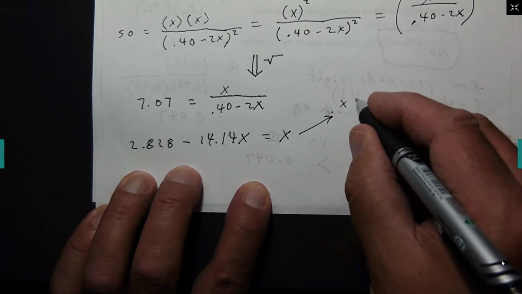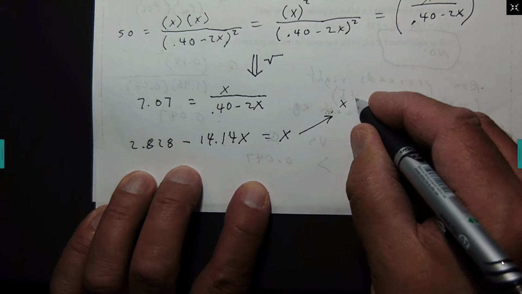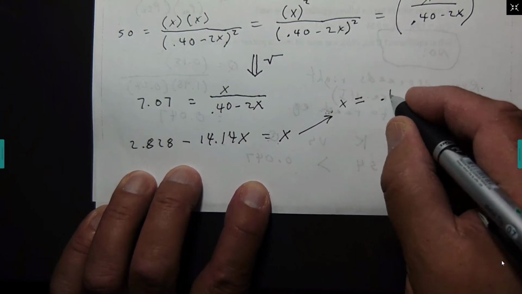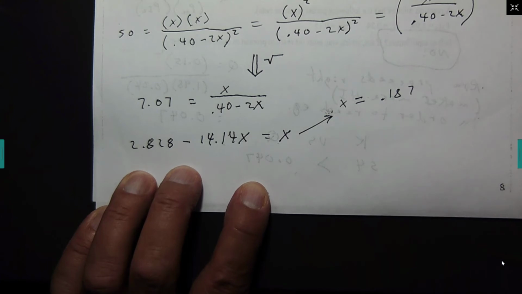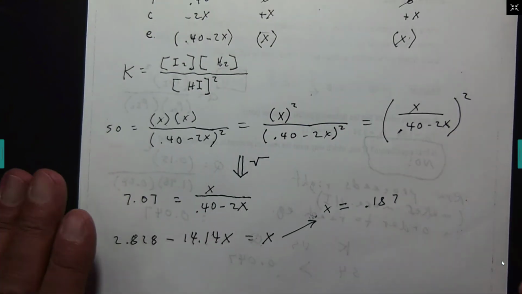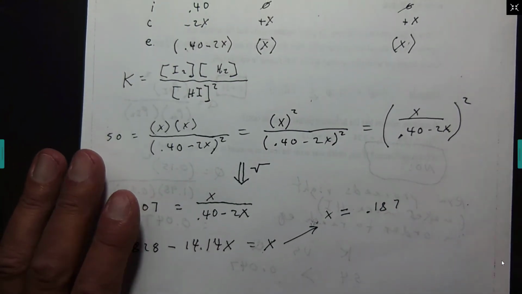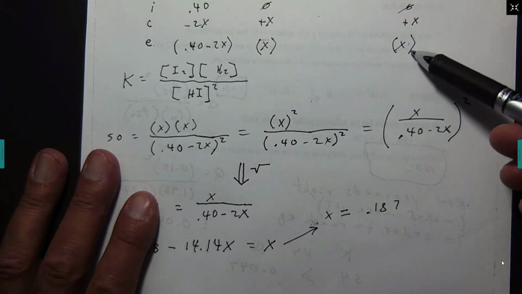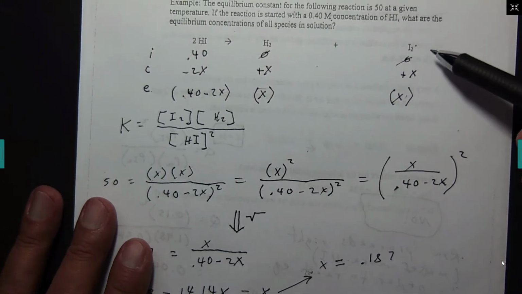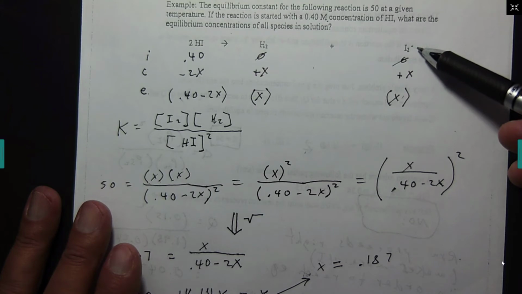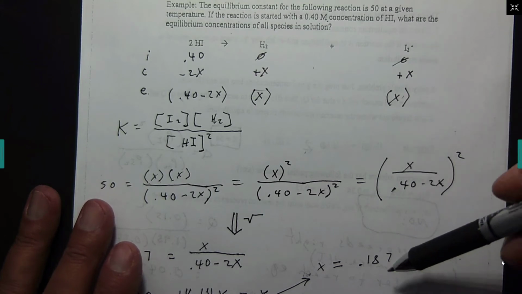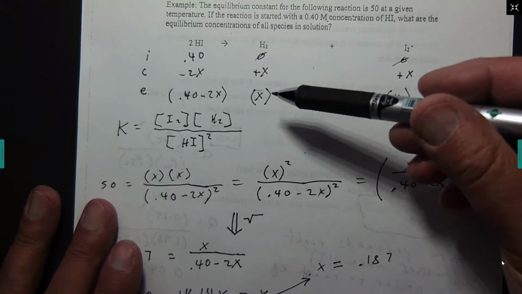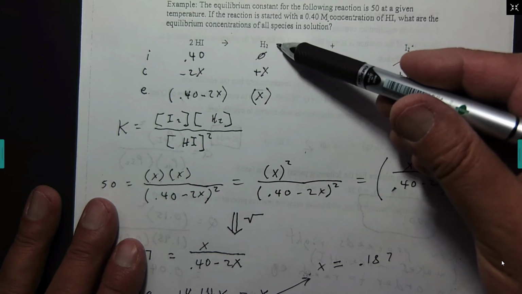x, if you go through the algebra, is going to end up being 0.187. So that tells you, back to the problem, that value of x is the concentration of the I2. That value of x is the concentration of the H2.